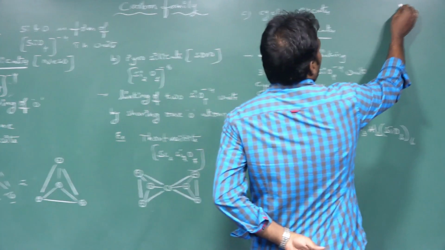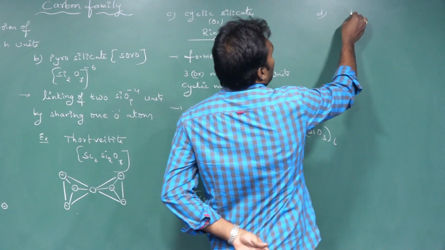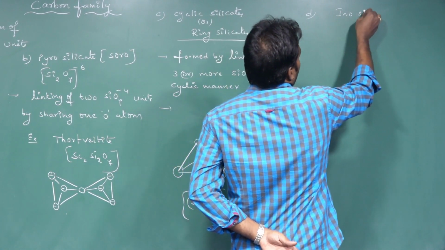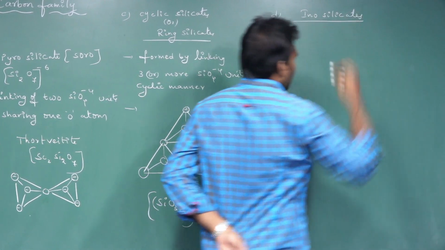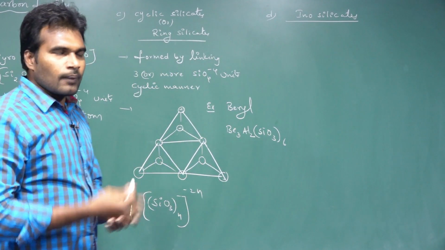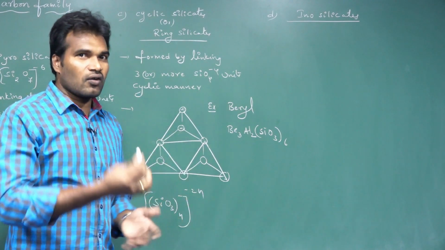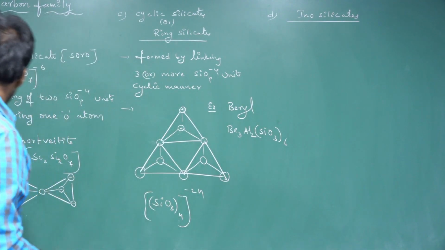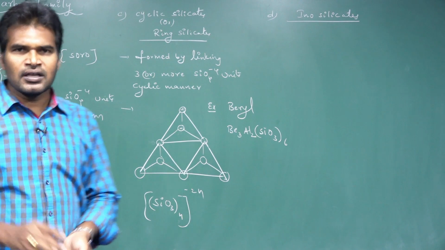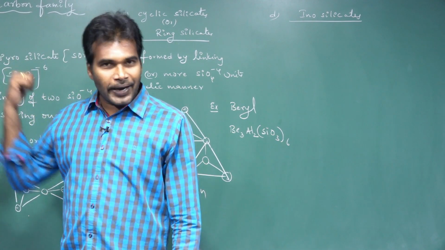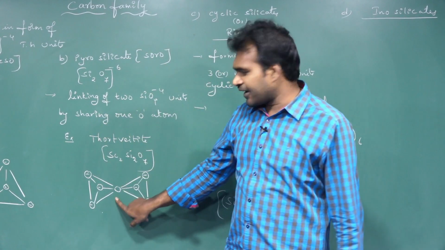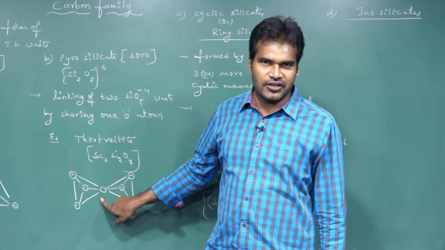Next, inosilicates. Till now we have classified based on the number of oxygen atoms shared. In orthosilicates, no oxygens are shared, whereas in pyrosilicates, 1 oxygen atom is shared by each tetrahedral unit.